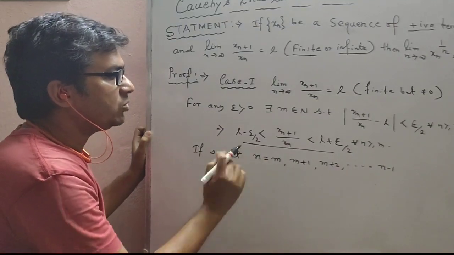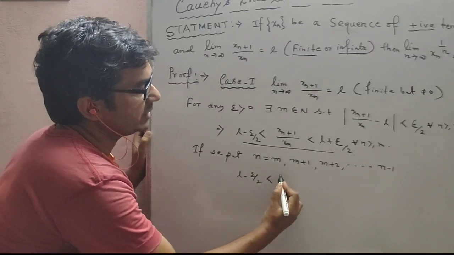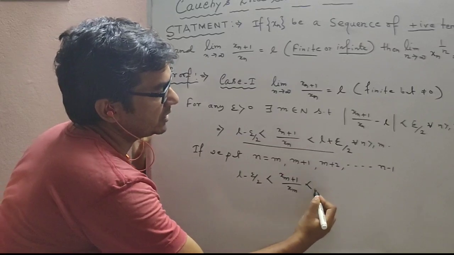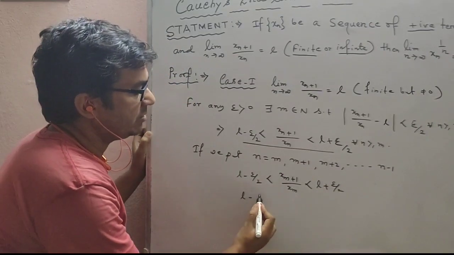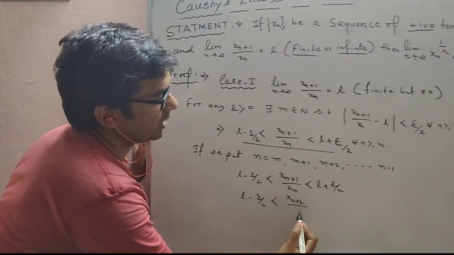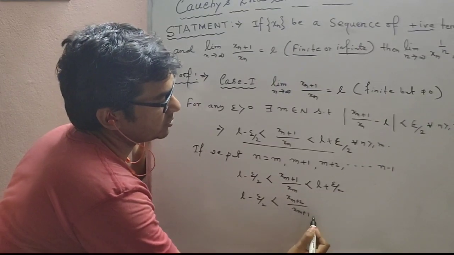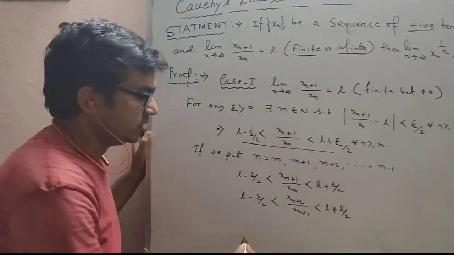Putting n equal to m, we get L minus epsilon by 2 less than xm plus 1 by xm less than L plus epsilon by 2. L minus epsilon by 2 less than xm plus 2 by xm plus 1 less than L plus epsilon by 2.